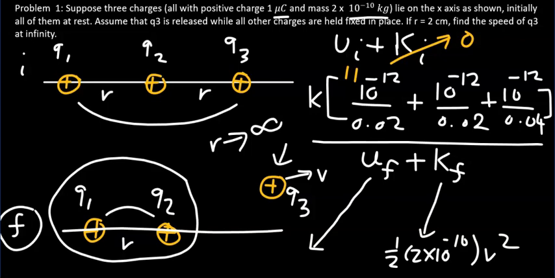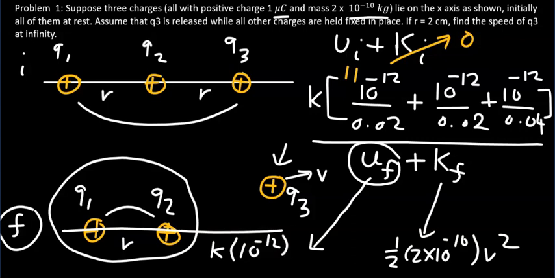So any potential energy term with infinite distance would simply be 0. So U sub F for the final state is quite simply K times the product of Q1 and Q2, 10 to the power minus 12, over the distance between them, r, which is 2 cm or 0.02 meter.